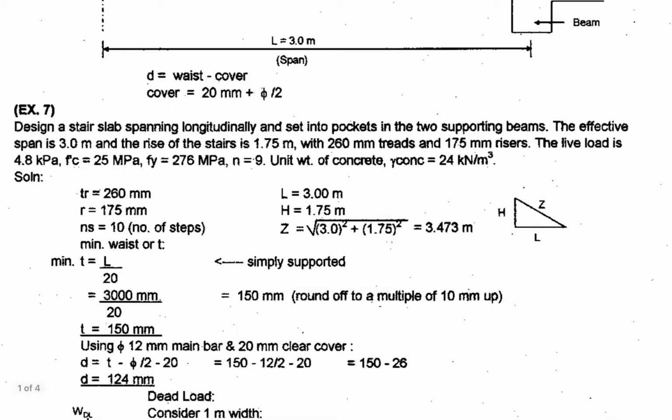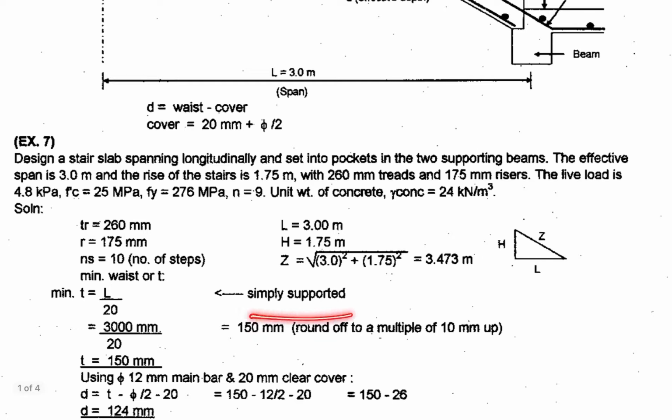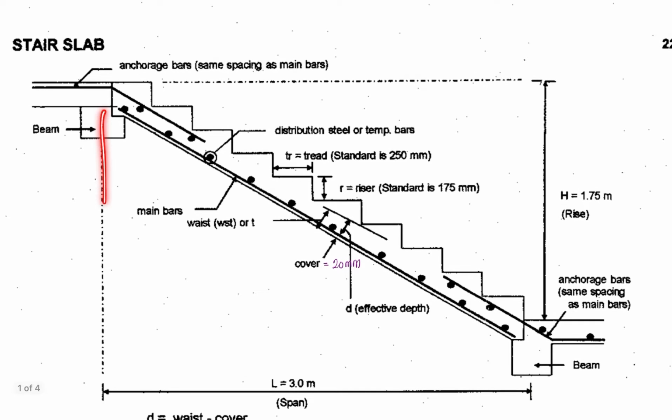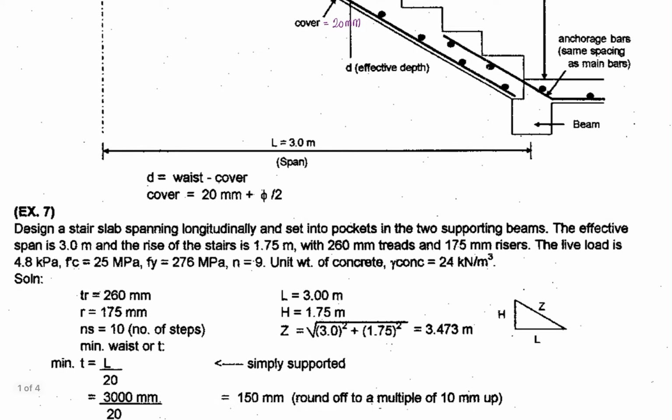So let's go back to the minimum thickness for slabs. Okay, so we will use L over 20, or the short span or short side divided by 20, since this is a simply supported stairs or slab. Okay, two supporting beams, and this is simply supported beam, okay, or simply supported slab.